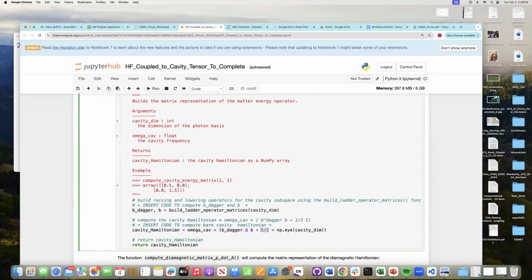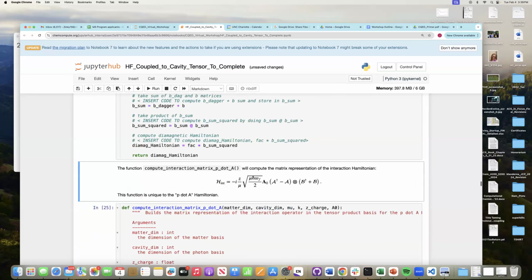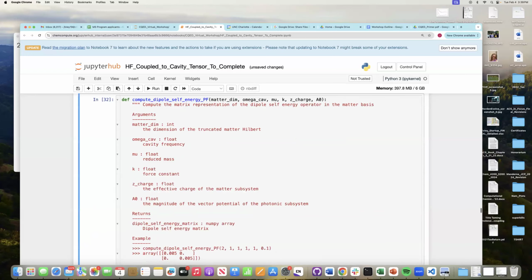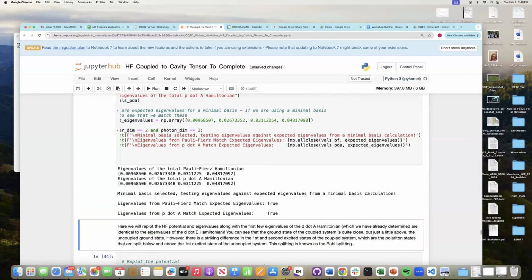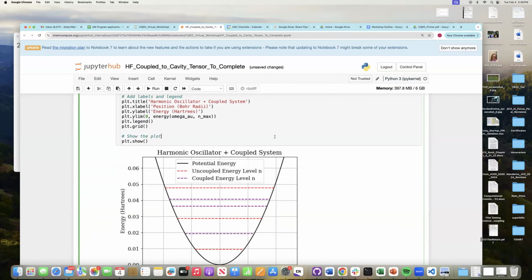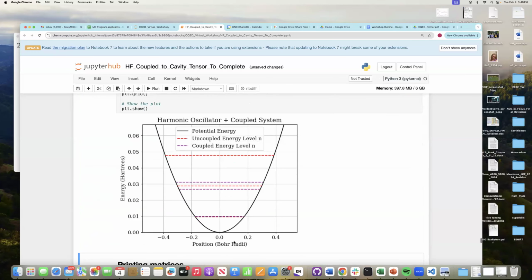What happens if we just get rid of the cavity 0-point energy? Okay. Now we're matching the expected values. And now if I plot this, it's going to look right. Okay, good. So that was the thing.